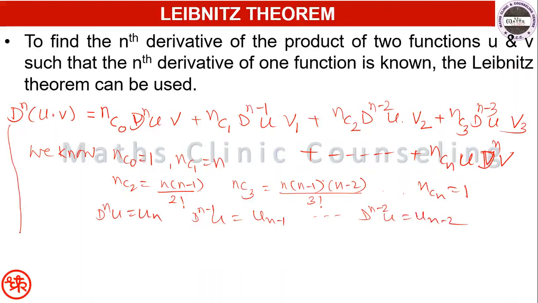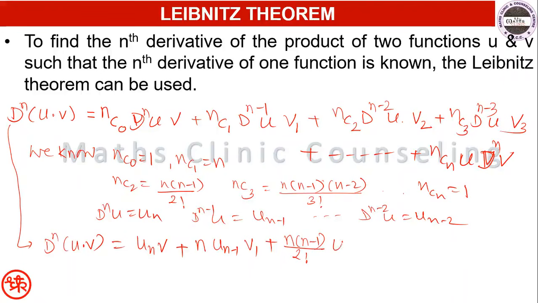So this formula will become dn of u into v is equal to nc0 is 1, so it is un into v plus nc1 n into un minus 1 into v1 plus n into n minus 1 by 2 factorial un minus 2 v2 plus n into n minus 1 n minus 2 by 3 factorial un minus 3 into v3 plus dash dash dash plus u into vn.